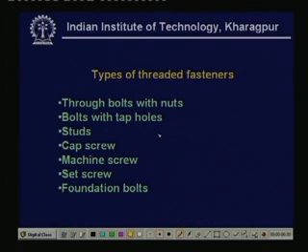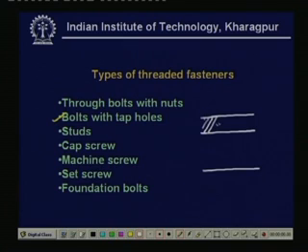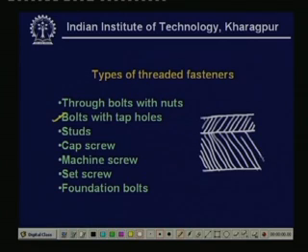Now, next is the bolts with tap holes. Here we have bolts with tap holes. Now, the arrangement is again that we have to join two plates. Let us say one is a little thicker than the other. So, this is one plate, the other is this one, and then what we do is we first drill a hole.